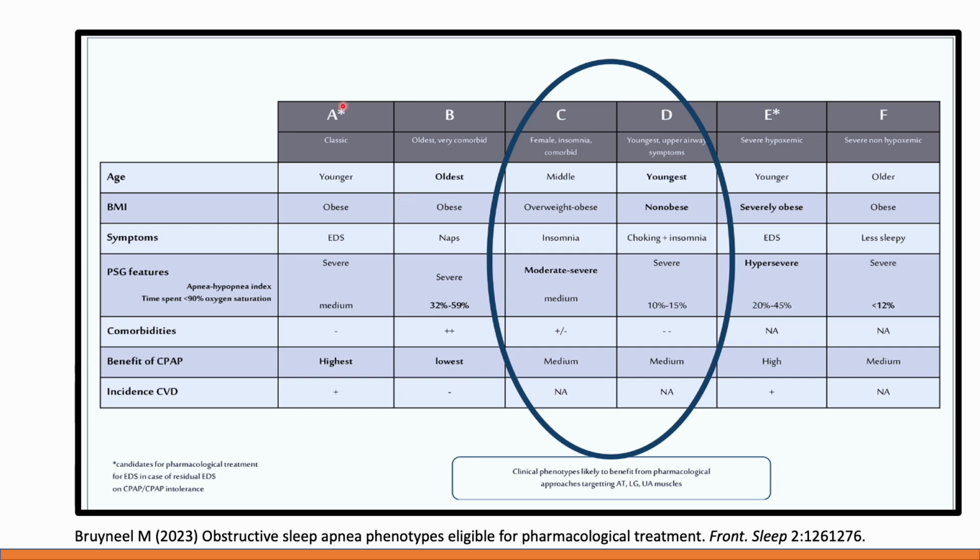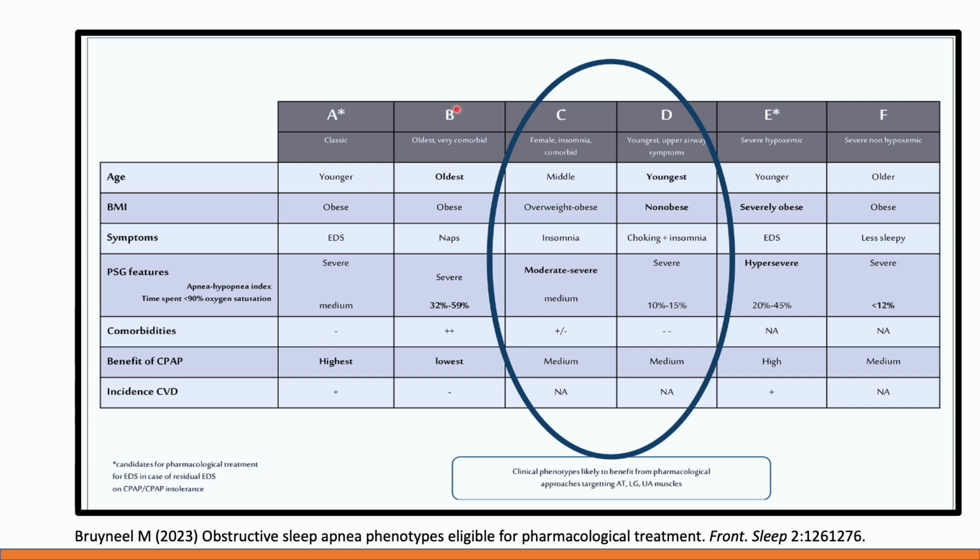If you look at this, the classic patient, young, obese, with excessive daytime sleepiness, with features of high AHI and a medium reduction in oxygen saturation, so a positive ODI, will be the ones who benefit from CPAP. And these are the ones who have the highest risk of cardiovascular disease.